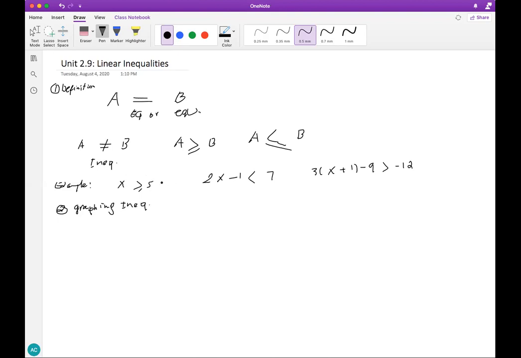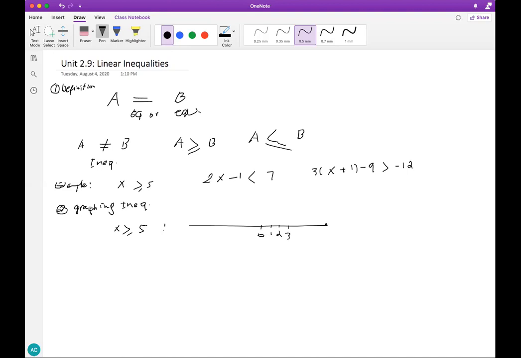With this simple one, we say x greater than or equal to 5. We want to put this on a number line. So we need a number line like this. In the middle we have 0. The numbers go up as we go to the right: 1, 2, 3, and so on.